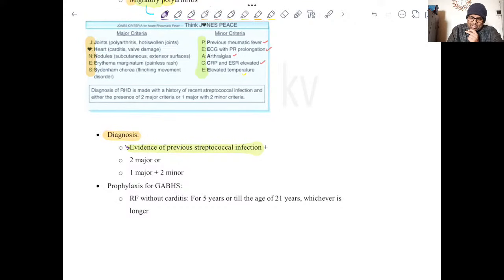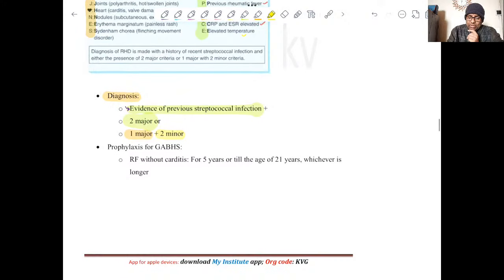So what you can take, either 2 major, your diagnosis is okay. Yes, Carey Coombs murmur, perfect. Either 2 major is there, but what if there is only 1 major? In that case, you need to have 2 minors, right? So 2 major or 1 major plus 2 minor. So that is how, if you can club up these criteria, then only can you say this is a given case of rheumatic fever.